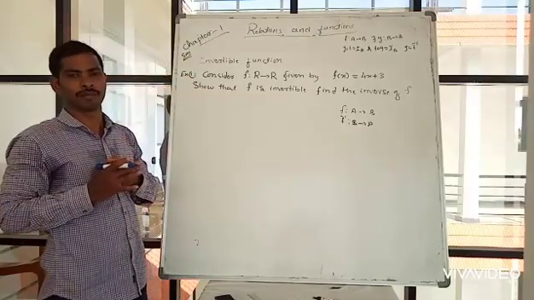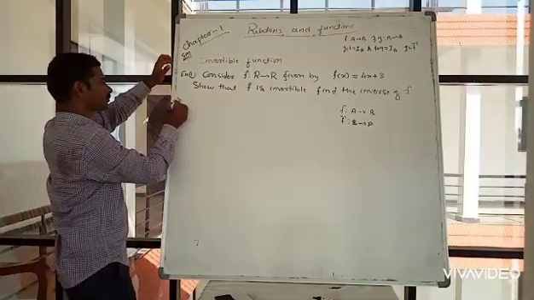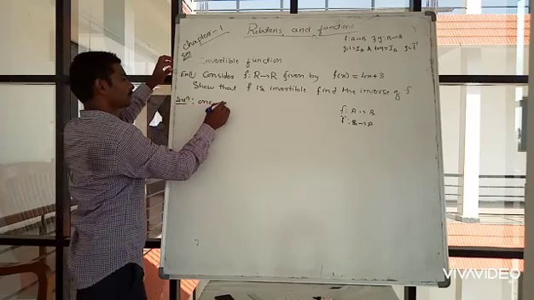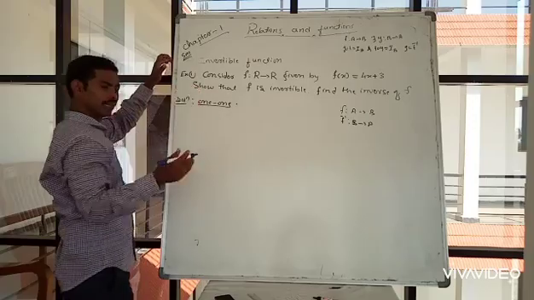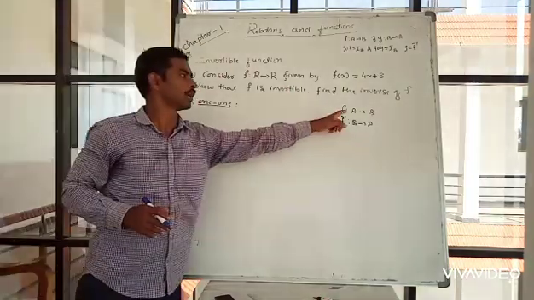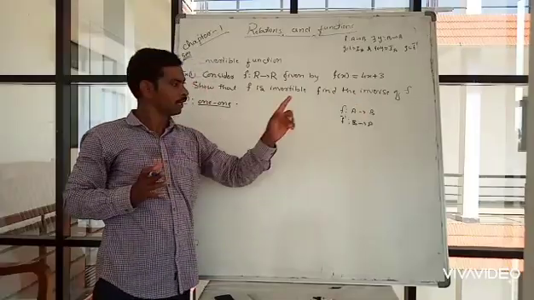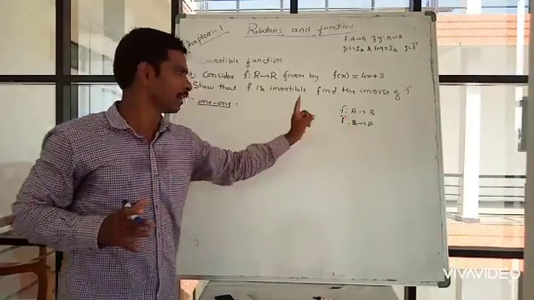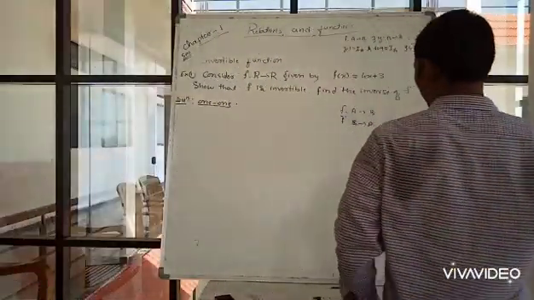So for this example, first it is the solution. It is a 1-1 function. Our definition says that any function f from A to B is said to be 1-1 if different elements in the domain have different images.